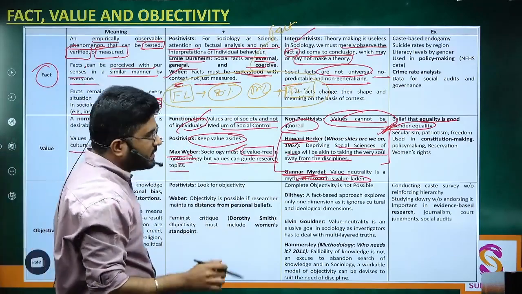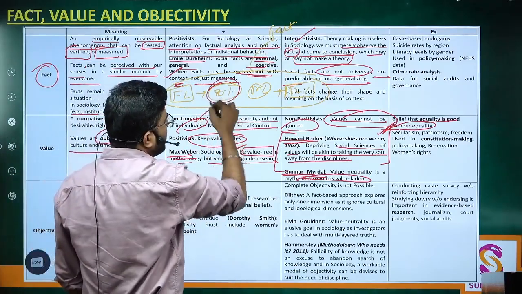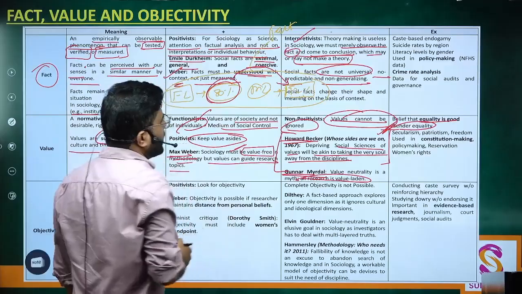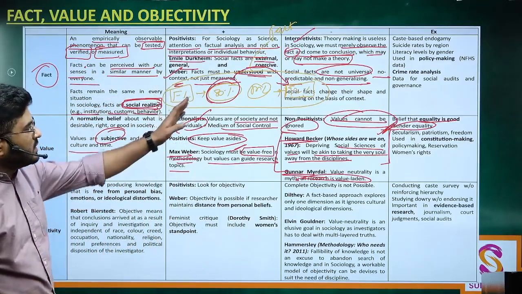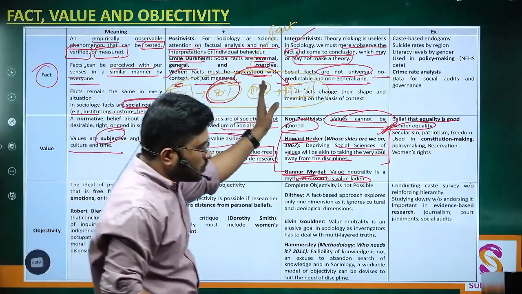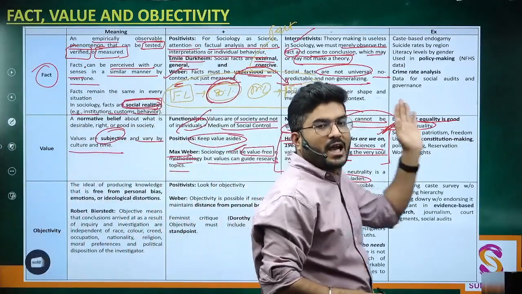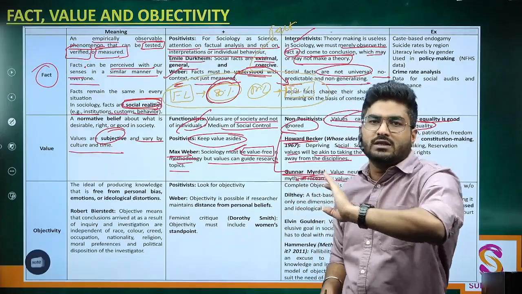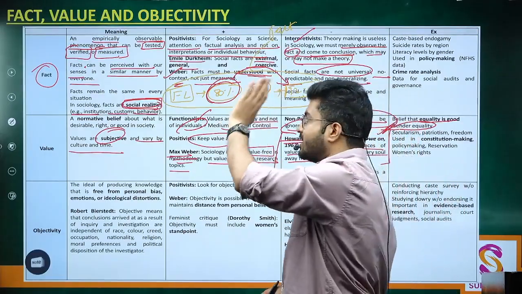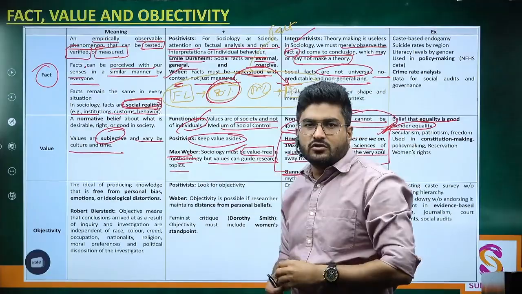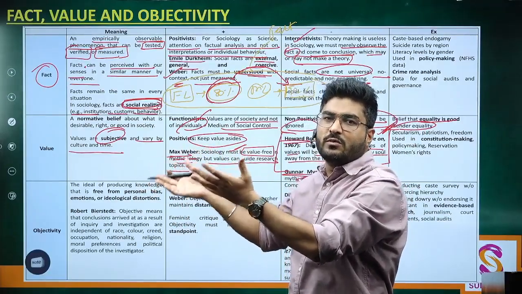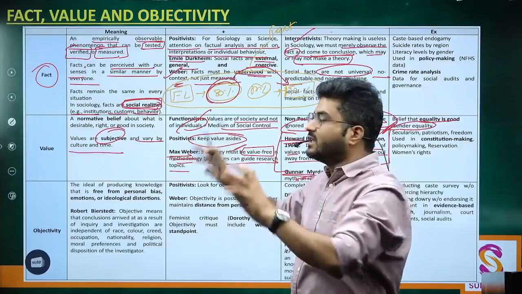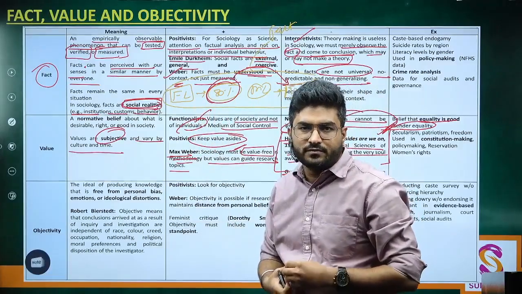The value should be that this should not be 80%, but should also be equal to 92%. Why? Because this fact shows that there is backwardness related to the female literacy rate. So that means there is gender discrimination in education. So the value says that it should be equal. Why should it be equal? Because value itself says that it is morally wrong.